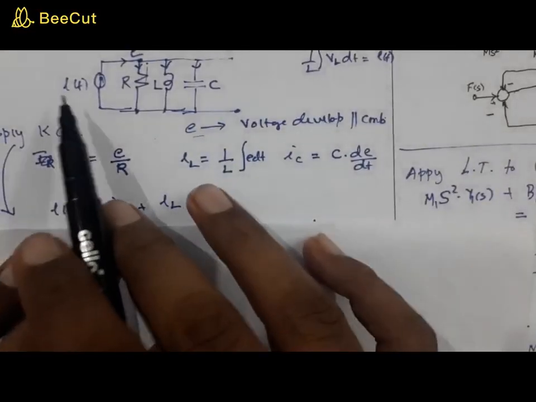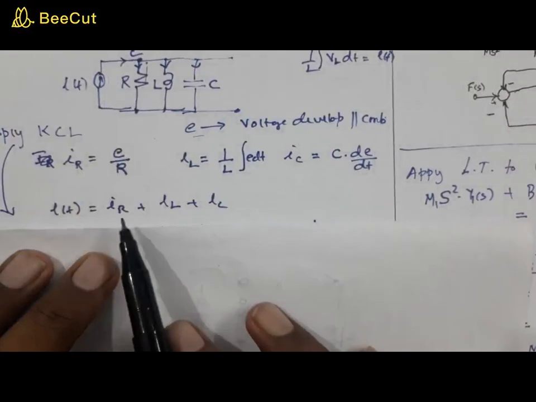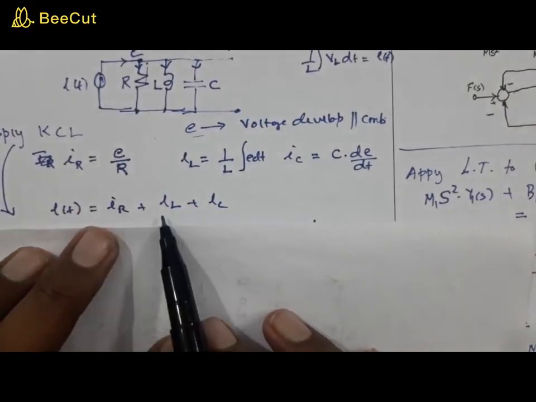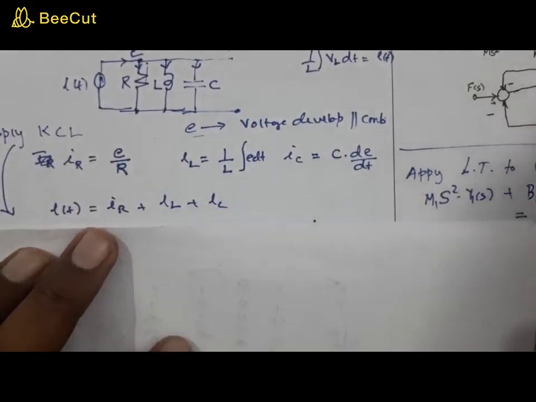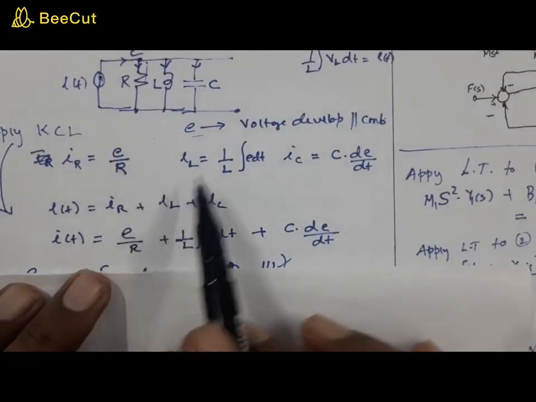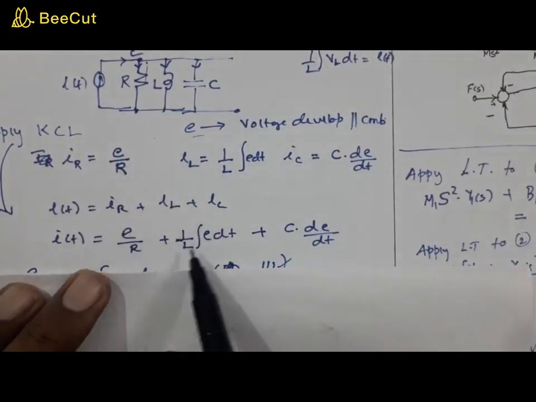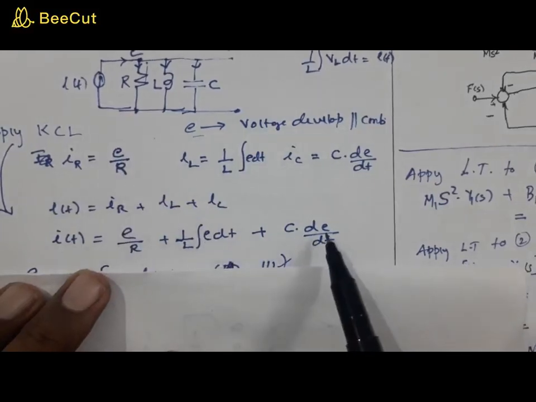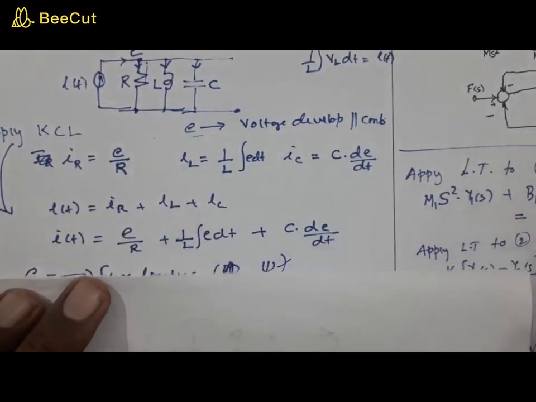Now after knowing this, we are going to apply KCL. What is KCL? The incoming current I of t is equal to IR plus IL plus IC. Combining these together, E by R plus 1 by L integral E dt plus C into dE by dt. Now what is this E?